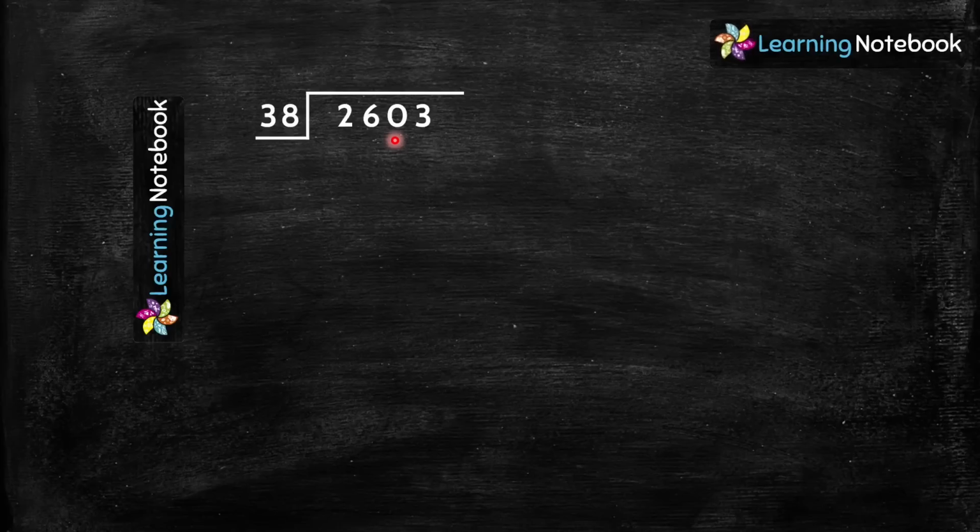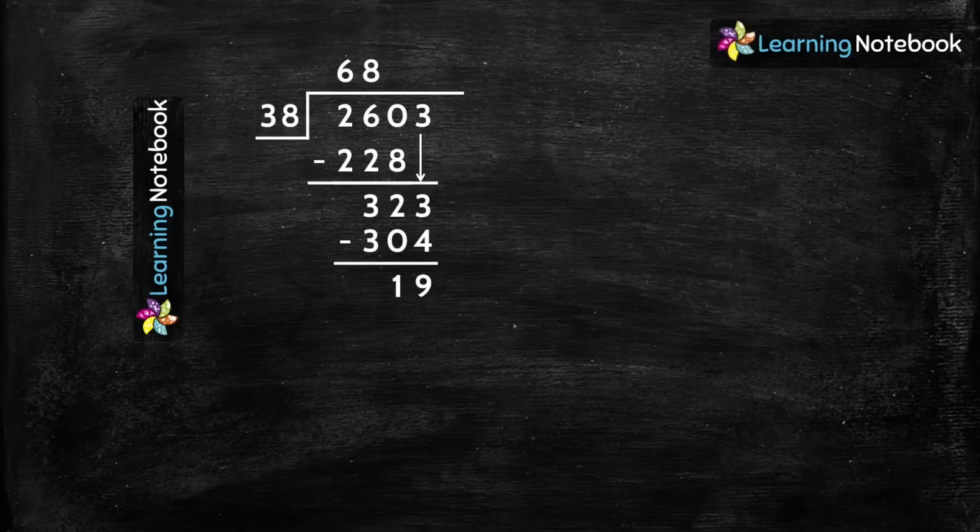So let's divide 260 by 38. 38 into 6 equals 228 and 260 minus 228 equals 32. Let's copy next digit 3 and now we will divide 323 by 38. 38 into 8 equals 304 and 323 minus 304 equals 19.